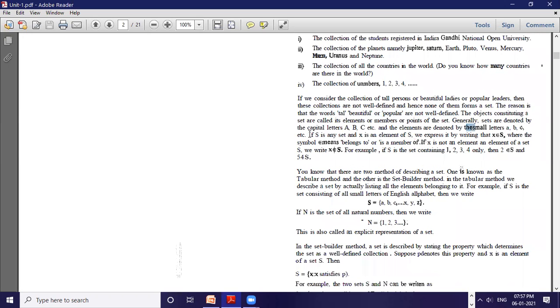Okay, if S is any set and x is an element of S, we express it by writing x belongs to S. It's simple. I hope I should not have to recall for you what this symbol means. Let me draw it. This one. This means belongs to.